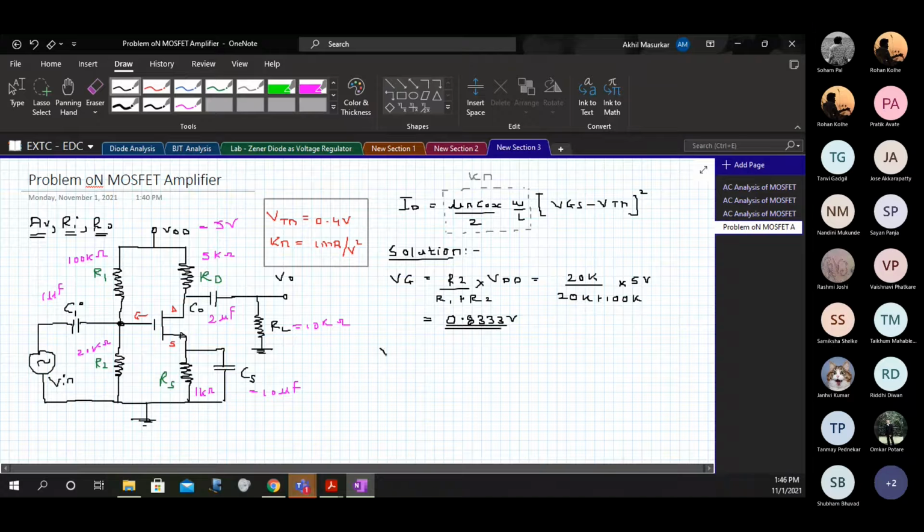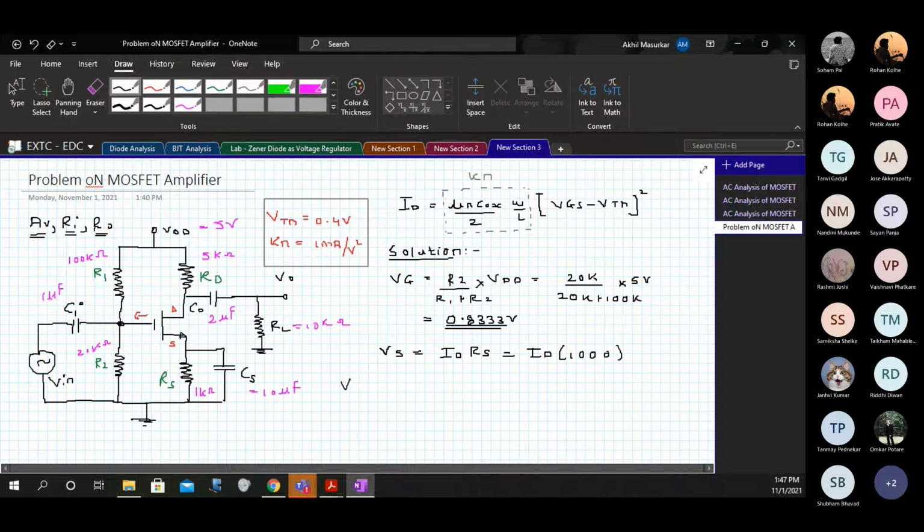Now, what is the value of Vs? Vs is the voltage across the Rs resistance. So that is Id times Rs. Rs is 1000, so I'll write here Id into 1000.